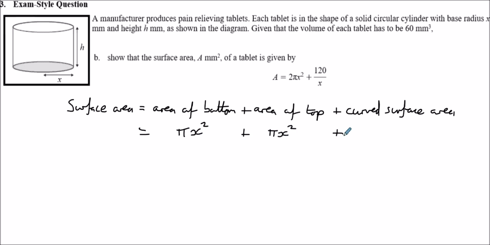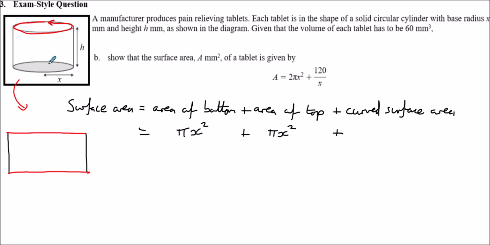Now this curved surface area, if you imagine this circumference being unravelled into a straight edge, what we'd have is a rectangular shape.